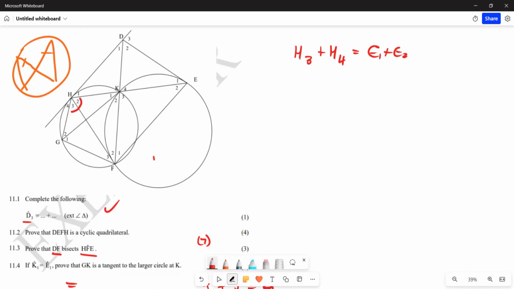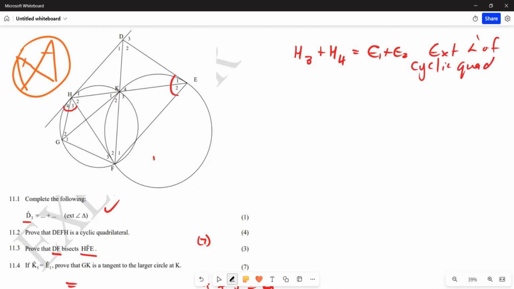H3 plus H4 is equal to your E1 plus E2. This is an exterior angle of your cyclic quad.